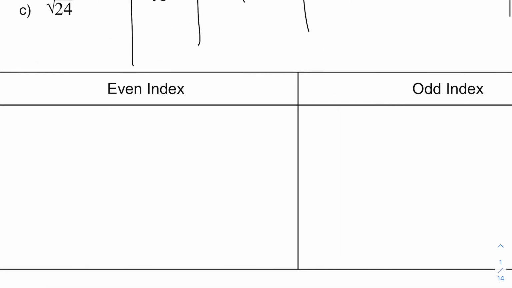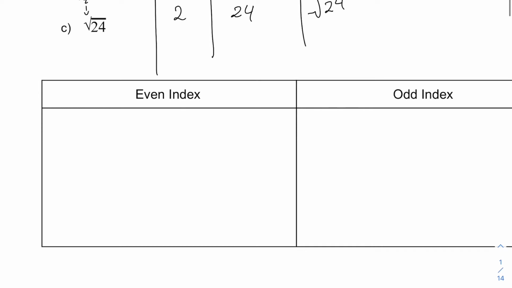Okay, so let's talk about something that's really important. The difference between an even index and an odd index. So remember, your index is that n value there. What happens if n equals an even number? 2, 4, 6, 8, 10.